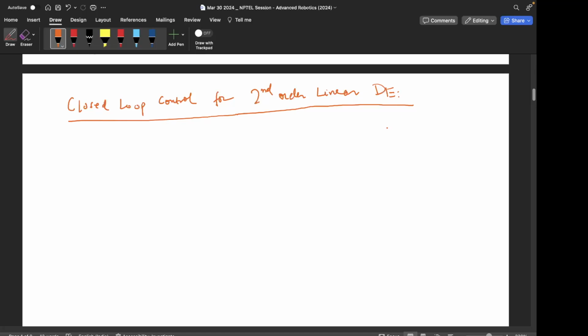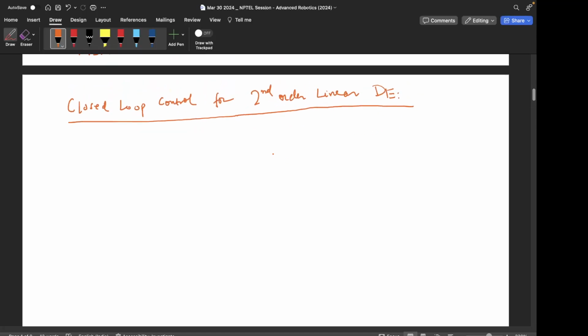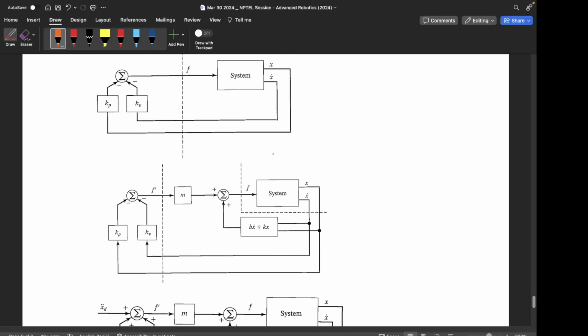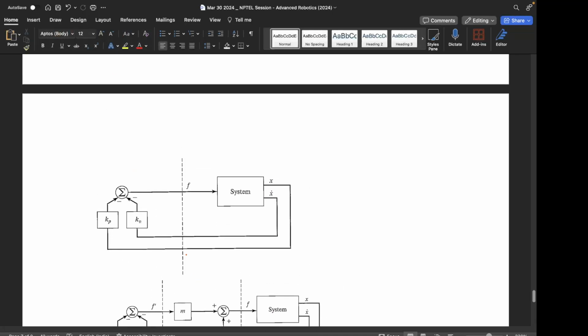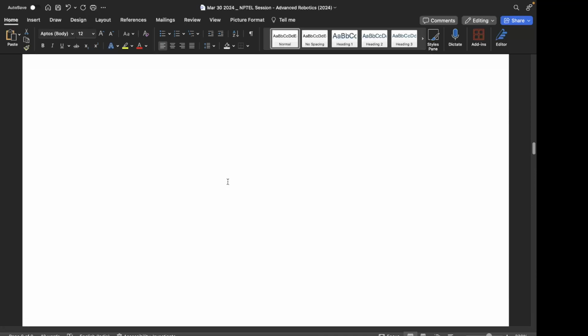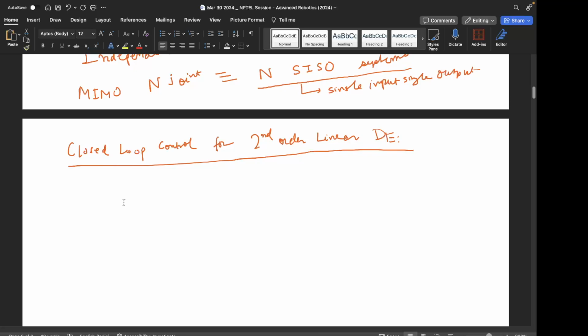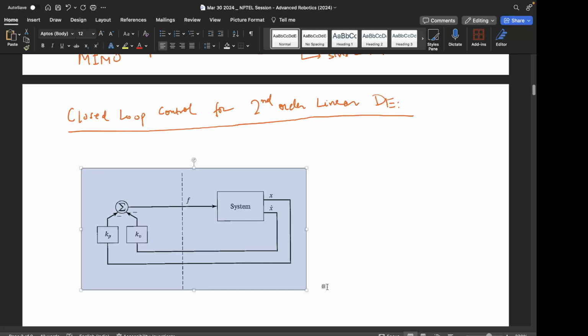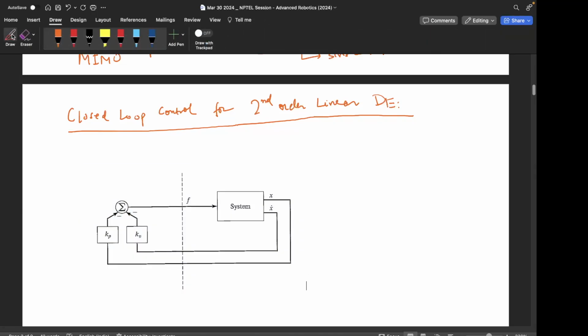So let me pull up a picture here. So this is our system. Our system is a second order system, as I mentioned.